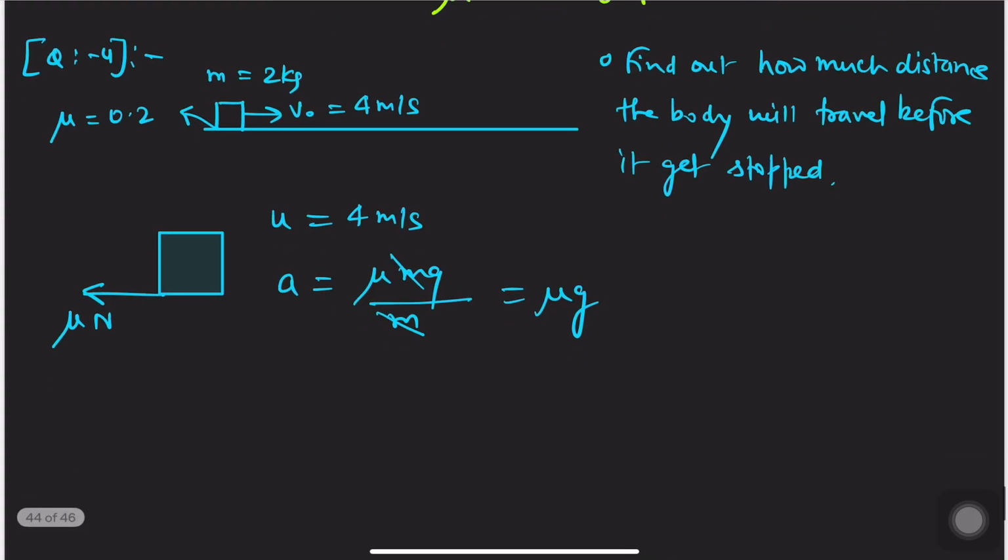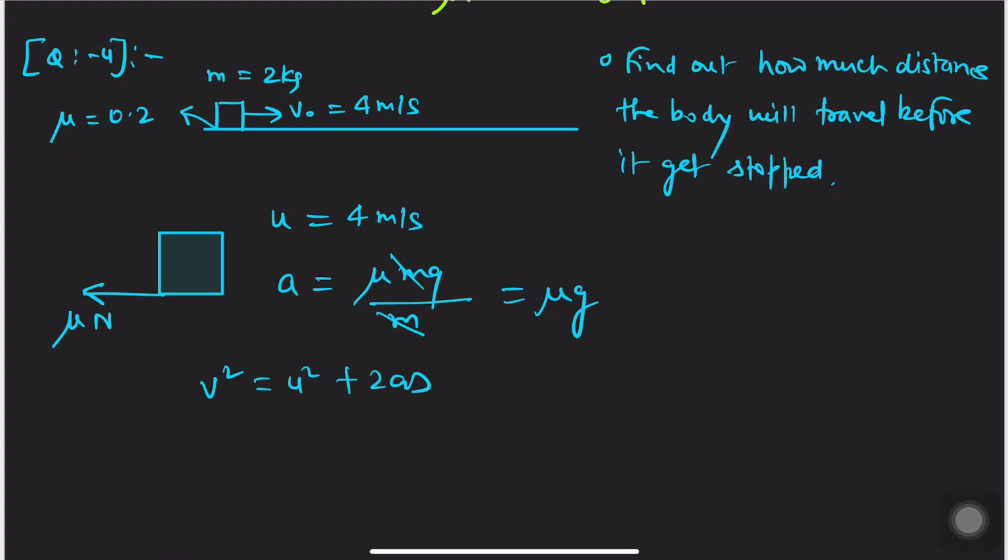It is asking after how much distance traveled the body will stop. So we can write v square is equal to u square plus 2as. Why can I write this? Because mu is constant and g is also constant, so you have a constant retardation, and for constant acceleration or deceleration we can apply this equation.